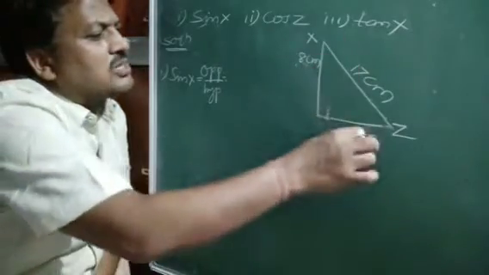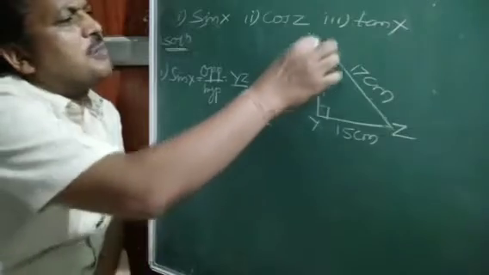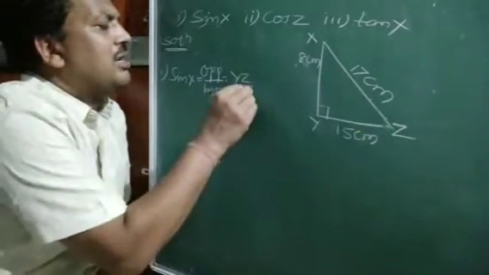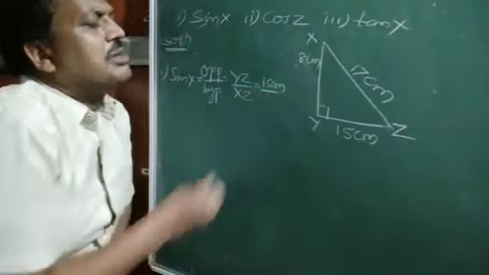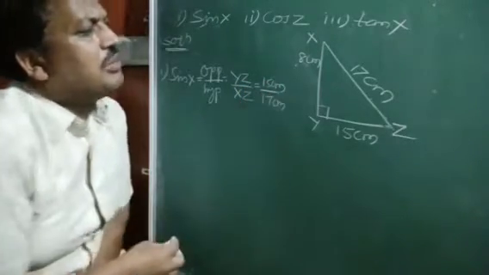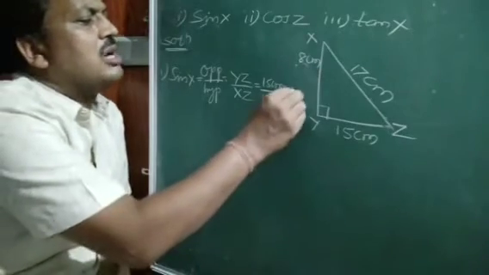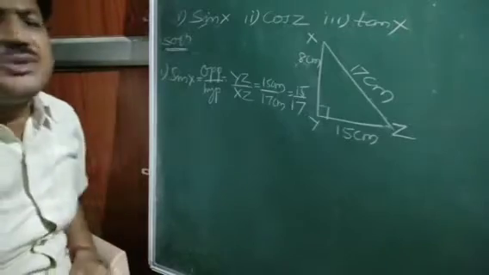With respect to x, the opposite is YZ, upon hypotenuse XZ. YZ is 15 centimeter. XZ is 17 centimeter. Centimeter cancels. So 15 upon 17 children.